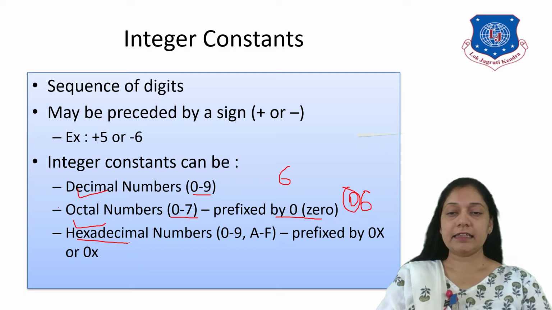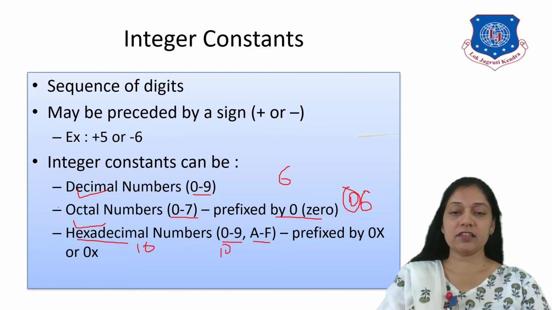Similarly, the third category is hexadecimal numbers. Hexa means a total of 16 unique symbols. Which are those 16? Hexadecimal numbers are combinations of digits 0 to 9 and A to F. That is 10 digits and A to F, 6 characters, so a total of 16 characters can be used for making a hexadecimal number.